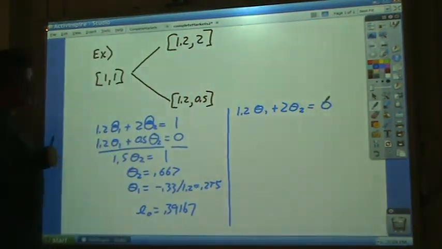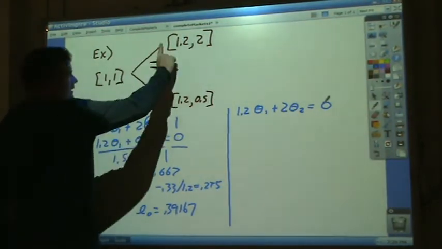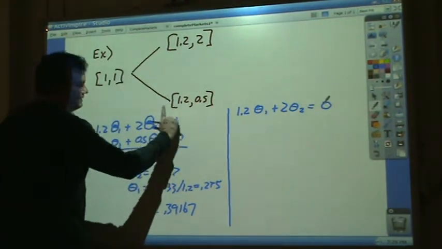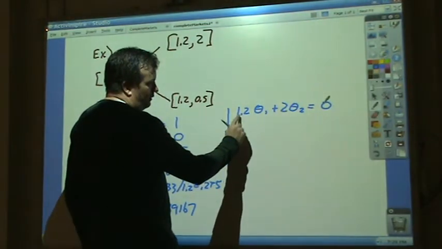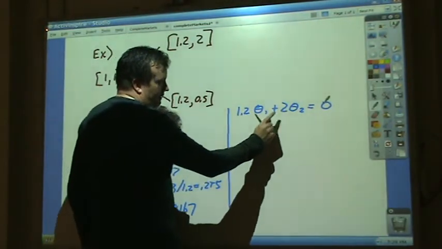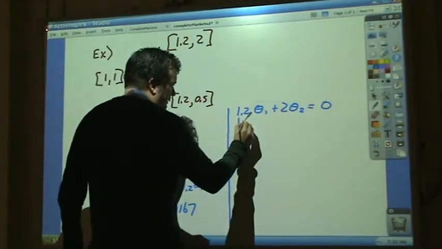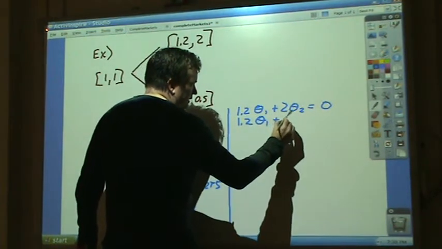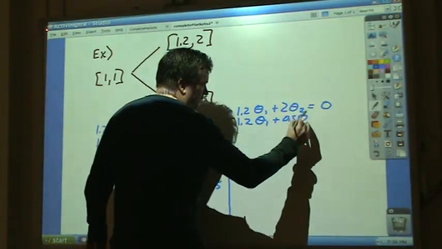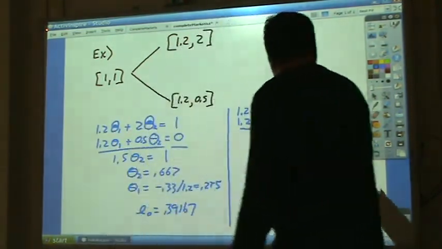We want to know how much would we have to pay for a replicated security, that if the market went up we get 0, and if the market went down we get $1. So if the market goes up, we want 1.2 times theta 1 plus 2 times theta 2 to be equal to 0. And if the market went down, we'd want 1.2 theta 1 plus a half theta 2 to be equal to 1.